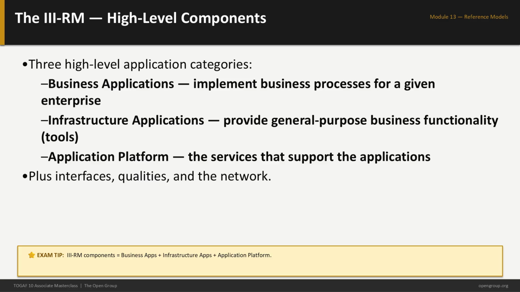Around these sit the interfaces, the qualities, and the network. So the three high-level components to remember are business applications, infrastructure applications, and the application platform. If a question asks for the main building blocks of the 3RM, those three are your answer. Business-specific apps, general-purpose apps, and the platform beneath them.